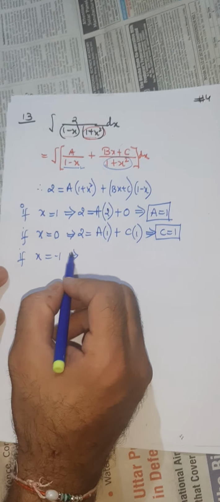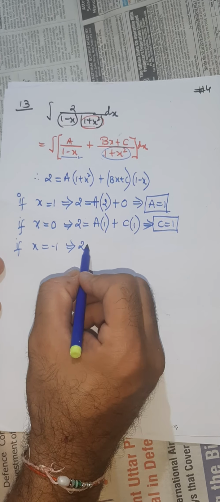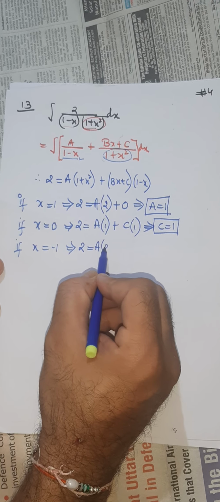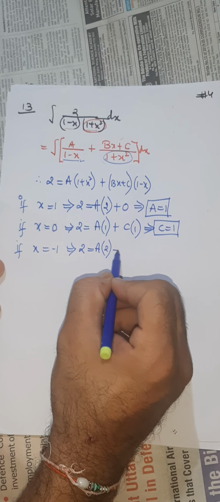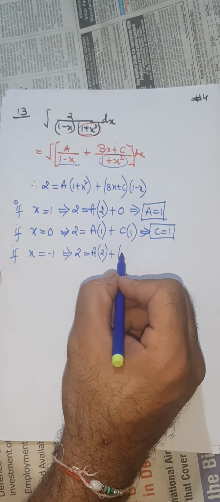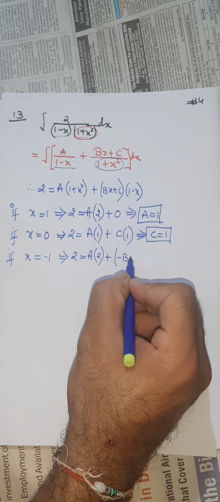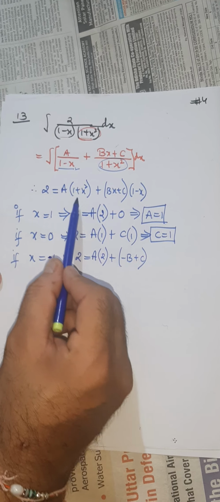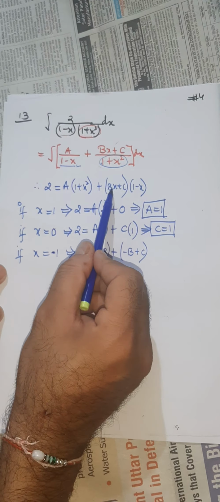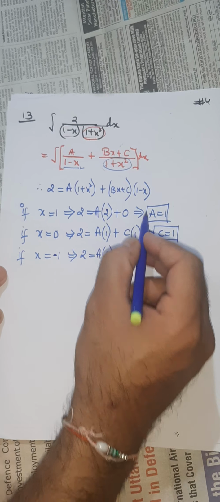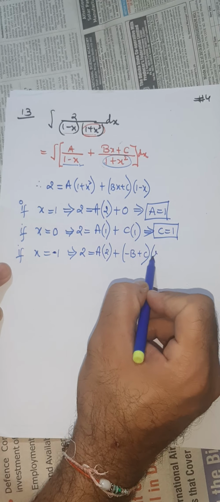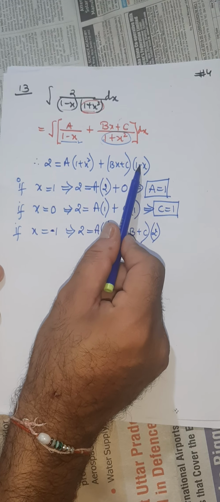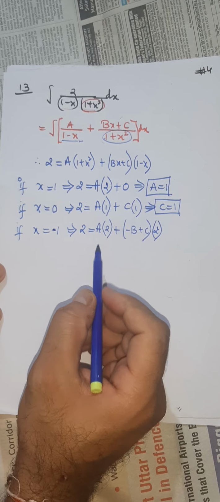So the left hand side is 2, a into, if I put minus 1 here, 1 minus 1 whole square, which is 2, plus, if I put minus 1 here, minus b plus c. So this becomes 2 minus b plus c, and here, if I put minus 1, this is 2. This is minus 1 here, minus minus will be plus, so 2.